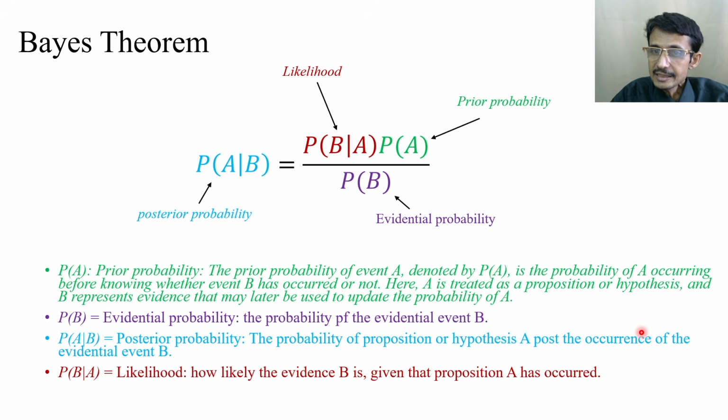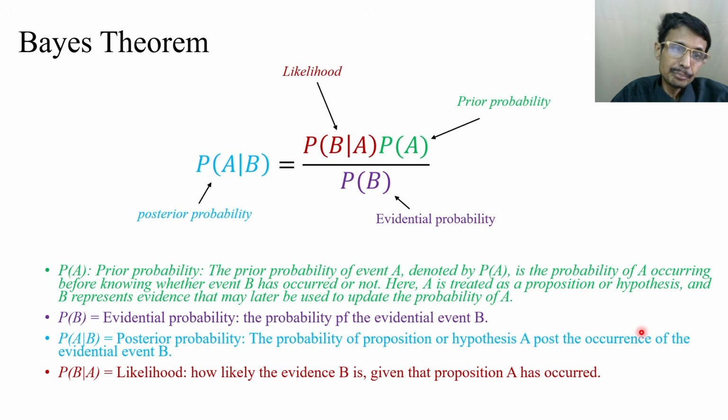Here A is treated as a proposition or hypothesis, and B represents evidence that may later be used to update the probability. So this is called a prior probability.